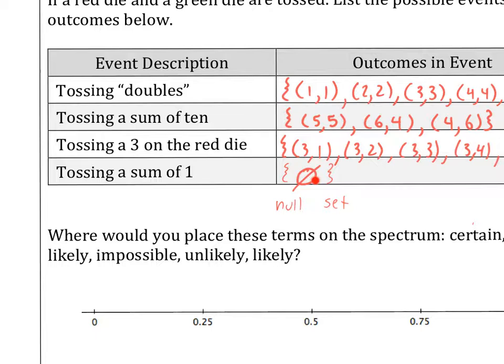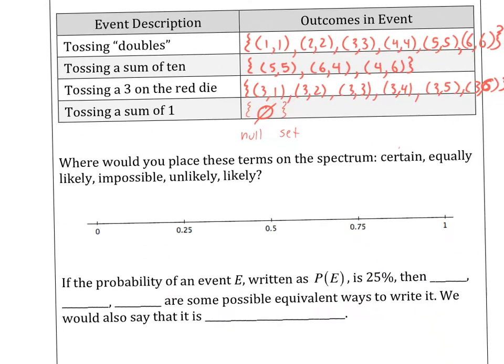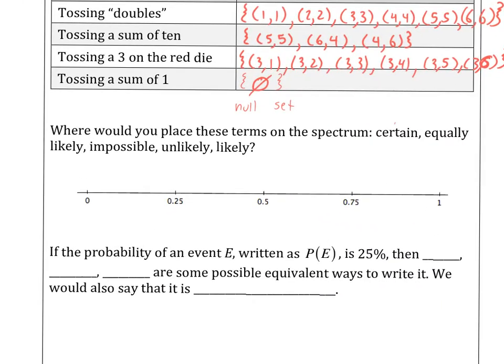But the set contains nothing. So it doesn't contain a 0. What it does is contain nothing. It's not even 0. Because often 0 can represent an actual number, and here it just represents a blank slate.